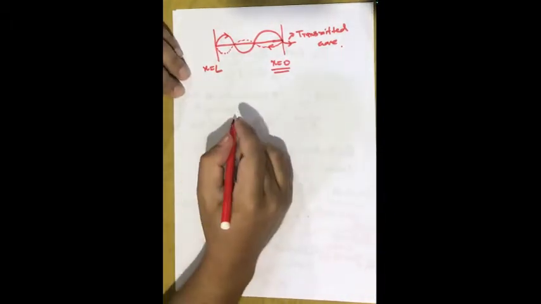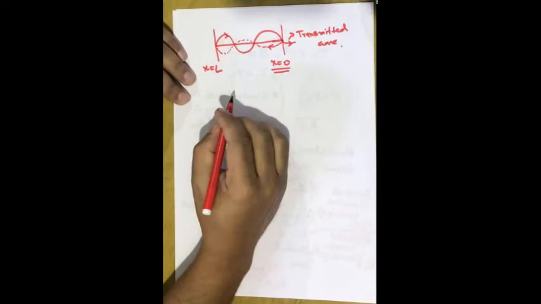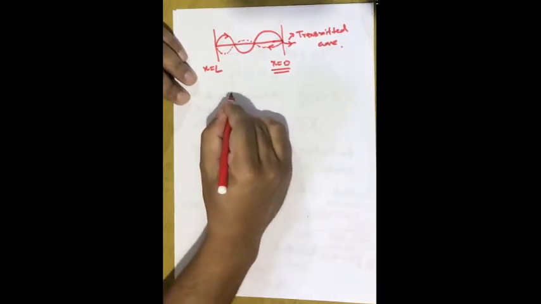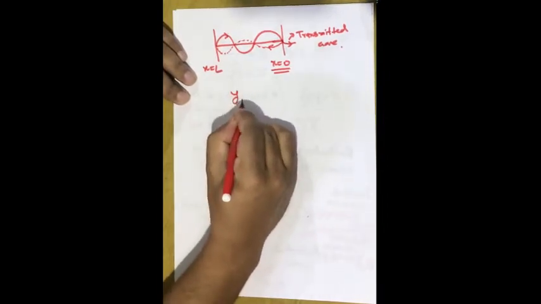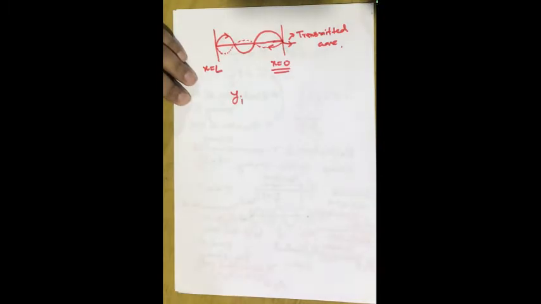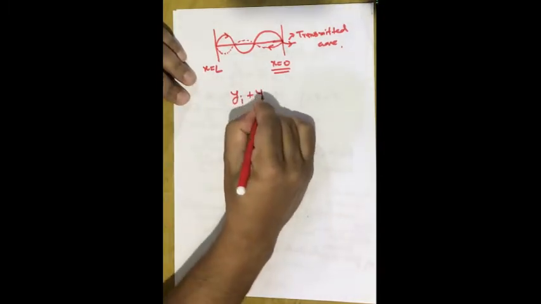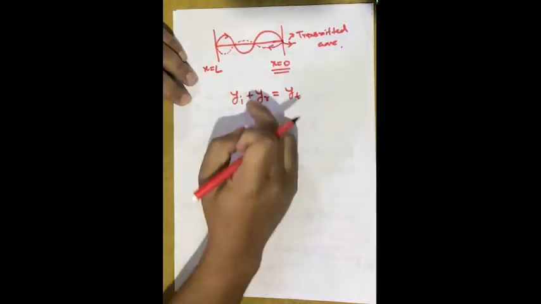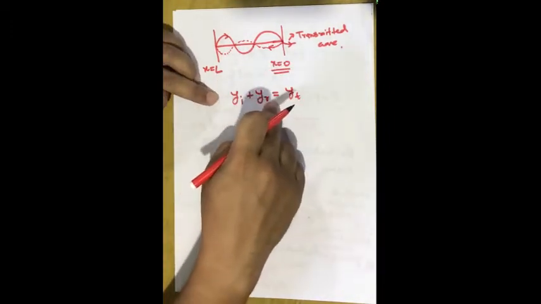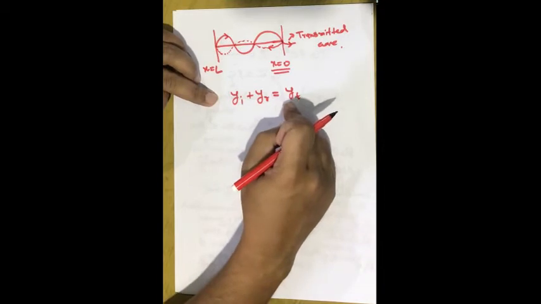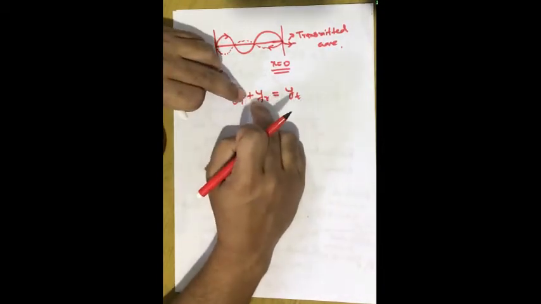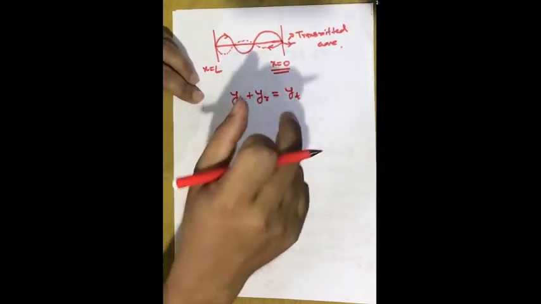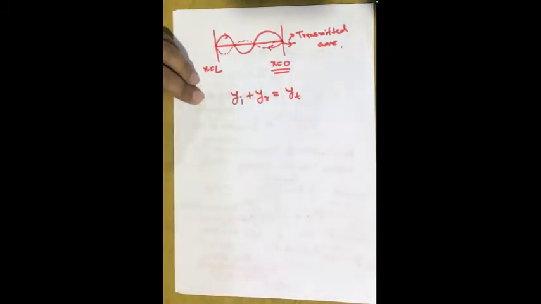Now at x equal to 0, if the displacement for the incident wave is written as yi, plus the reflected wave, that must be equal to the transmitted wave. We are putting a plus sign because we have already taken the negative x direction in the equation.